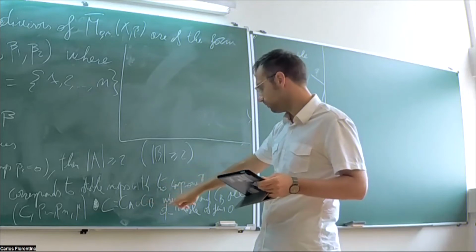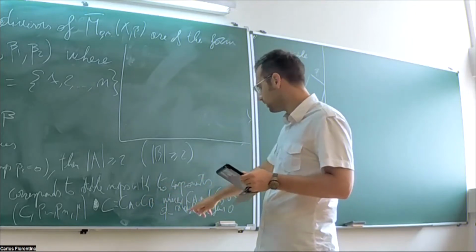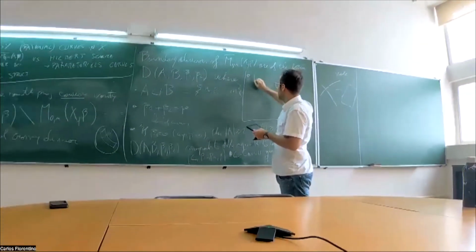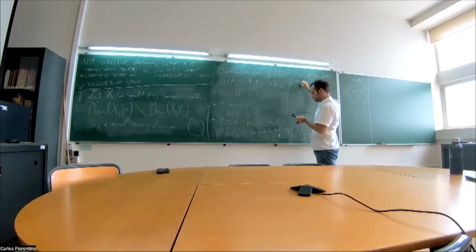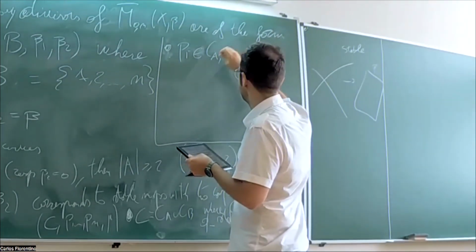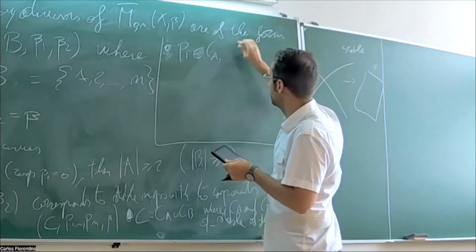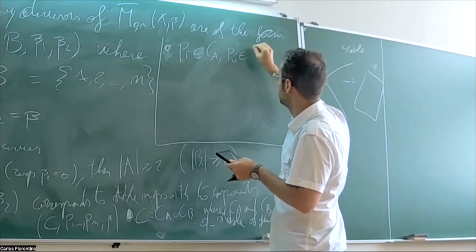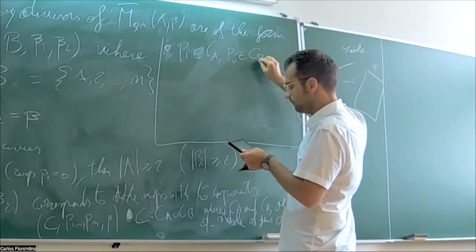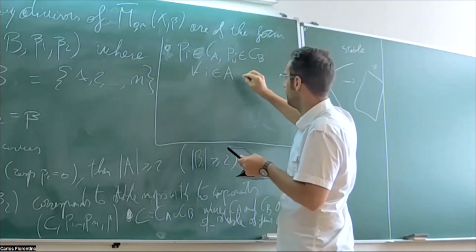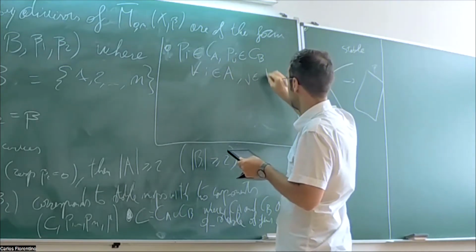These are the two components, where CA and CB are quasi-stable maps of genus 0, Pi is in CA, and Pj is in CB, for each i in A and j in B.